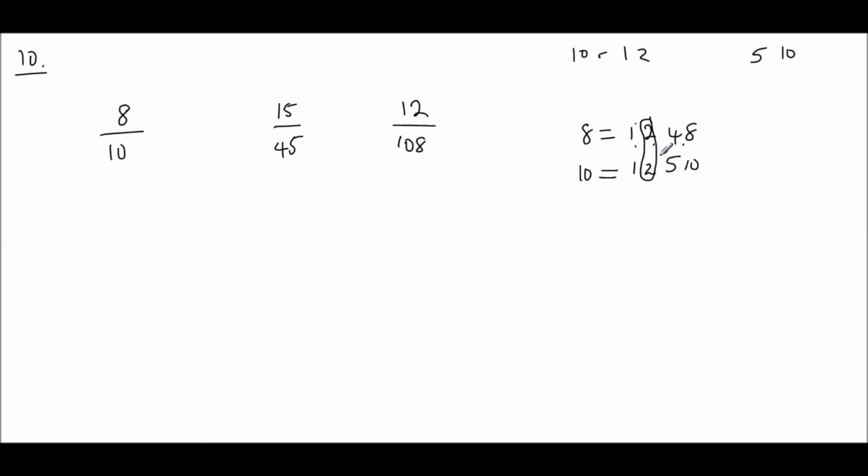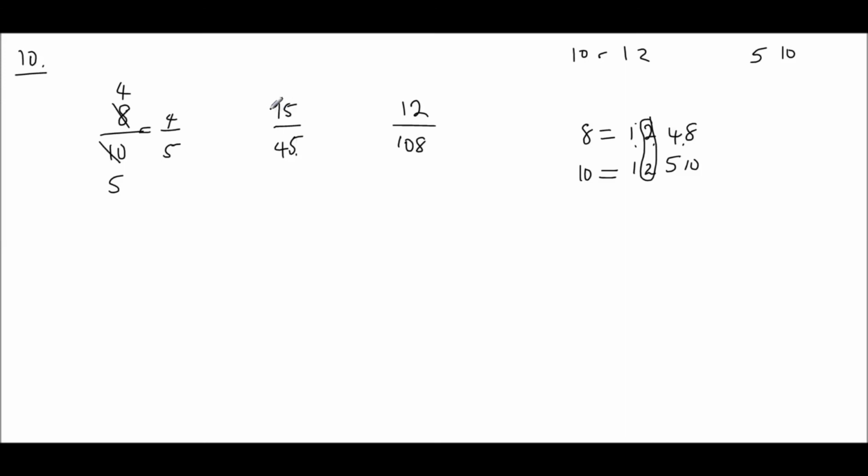Right? So let's use 2. 2 could go into 8 4 times, and 2 could go into 10 5 times. So our answer for 8 over 10 would be 4/5. So similarly, we would look for factors of 15 and 45.